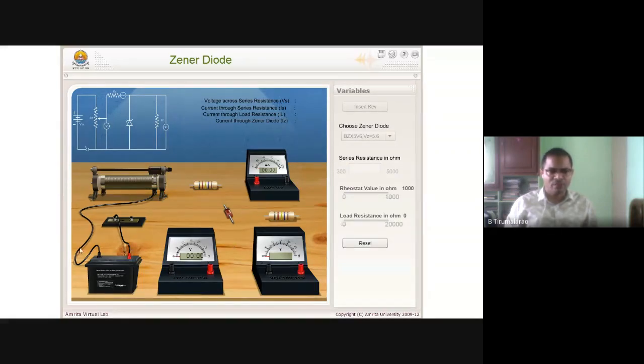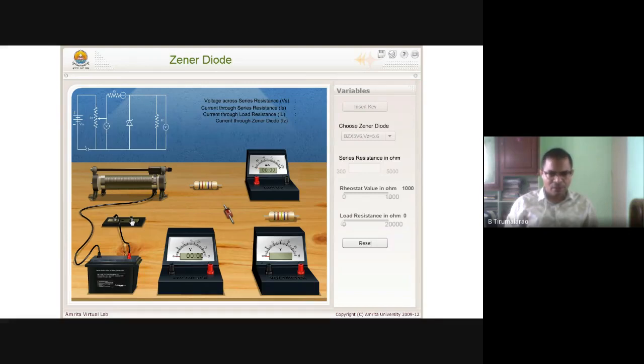Connections: the negative of the battery is directly connected to this one. The positive is directly connected to the resistor, but in the diagram it is just the reverse manner. No problem. The positive is connected to the key in the picture.